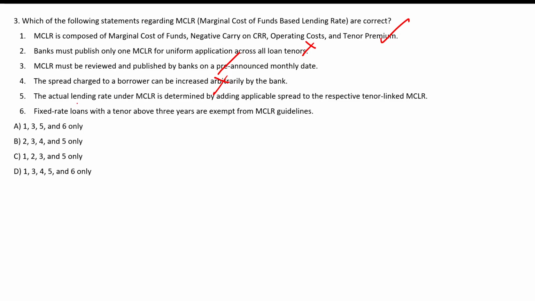No, this is not correct. The actual lending rate under MCLR is determined by adding the applicable spread to the respective tenors. This is correct. Fixed rate loans with a tenure above 3 years are exempt from MCLR guidelines. So this is also correct. So 1, 3, 5 and 6 are correct. Option A is the correct answer for this question.